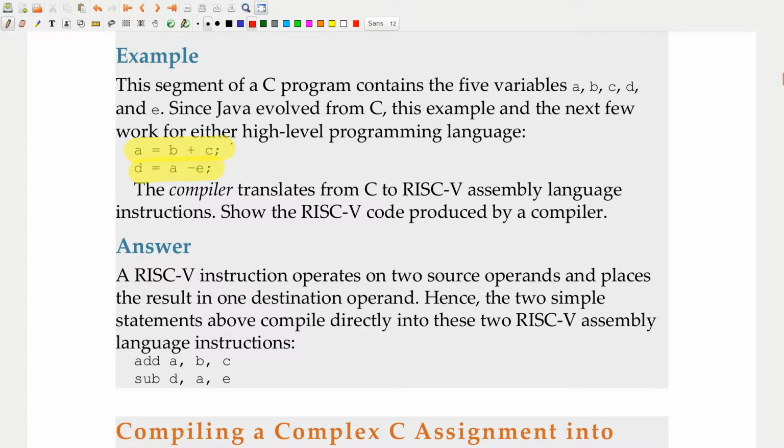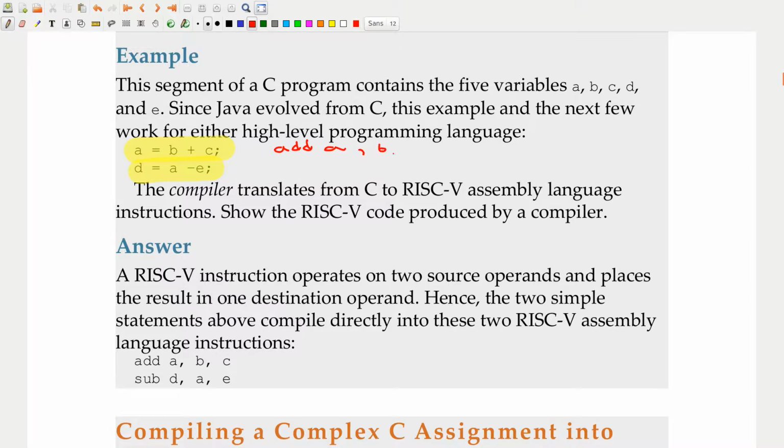So we know for the first one it's going to be an add. And we know that the first thing that comes is where we're storing it. So if we don't consider registers, which is fine a lot of the time, we can just say, okay, we're going to store in A. And then what are we adding together?